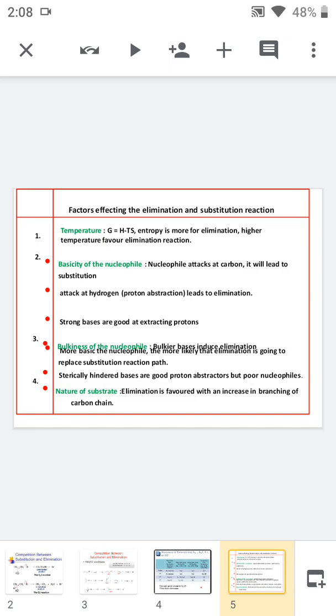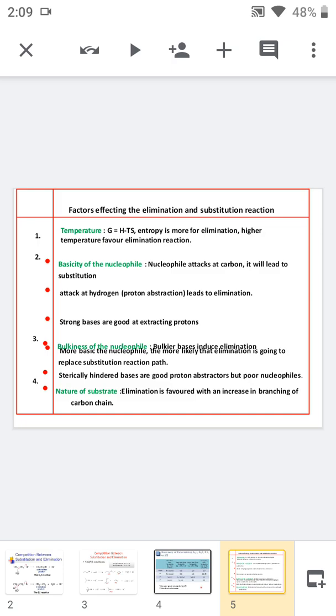That's why elimination is favored. And the more basic the nucleophile, the more likely that elimination is going to occur, because with a basic nucleophile the elimination reaction is more favored since it can easily pick out the hydrogen from the substrate. Now, sterically hindered bases are good proton abstractors but poor nucleophiles. So it also favors the elimination reaction.